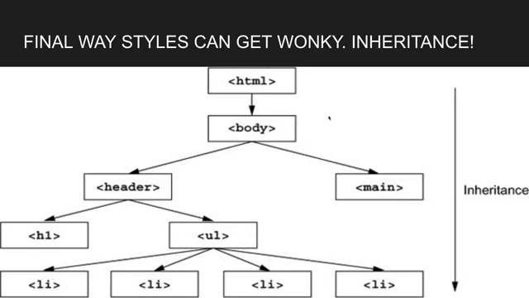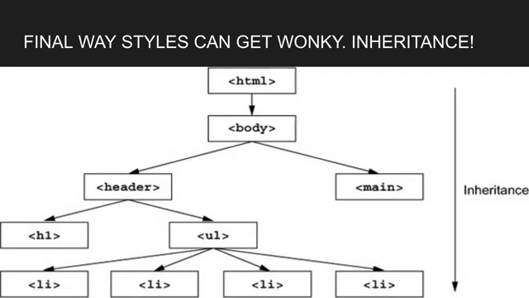So there's other ways that we can get our styles, and it makes things a little wonky or a little weird, and that's through inheritance. Your elements can inherit other styles too. Usually this is limited to just text styles.